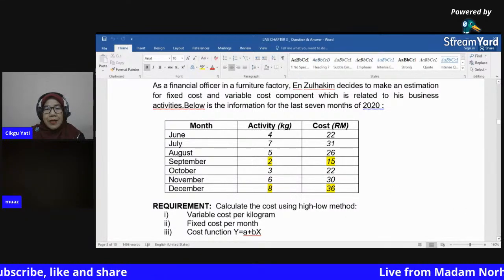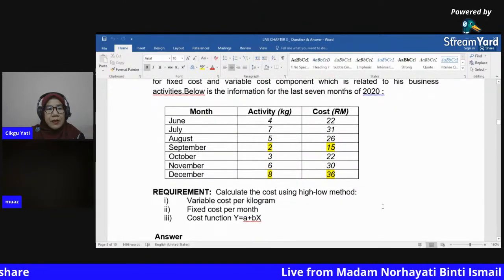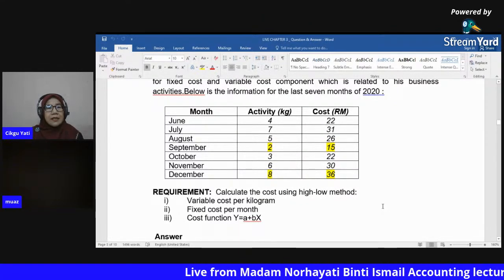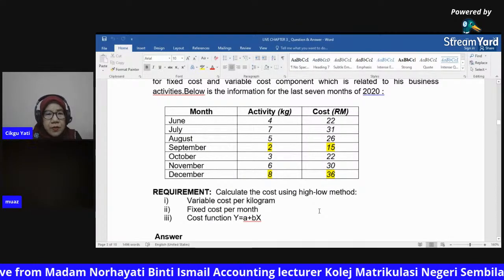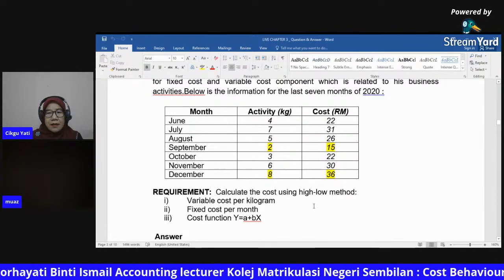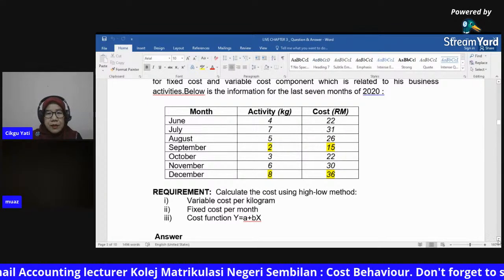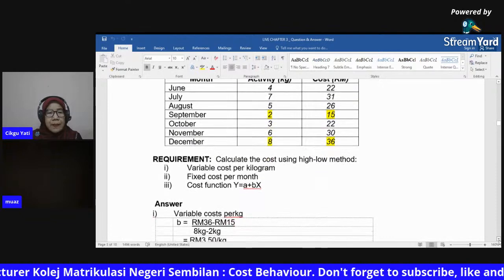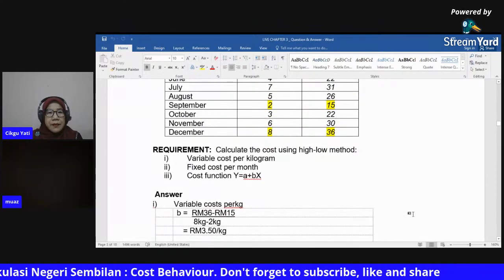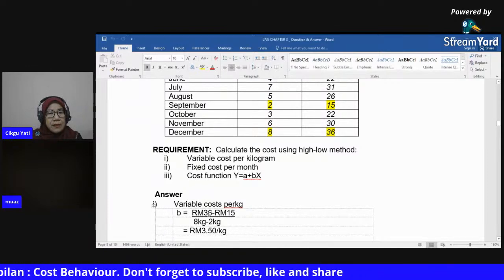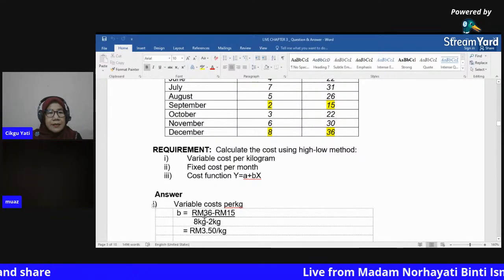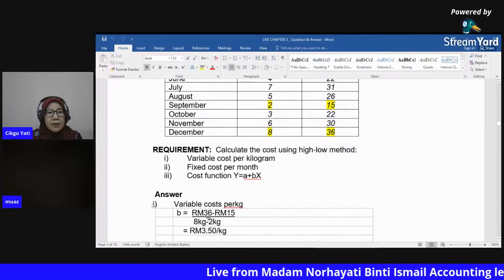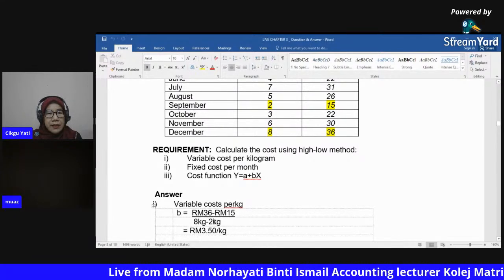Now, by using high-low method, you are required to calculate variable cost per kg, calculate fixed cost, and cost function y equals to a plus bx. Now, okay, we just substitute the item in the formula. Okay, the formula given, you must know the formula: highest cost minus lowest cost divided by highest unit in kg less lowest unit in kg.